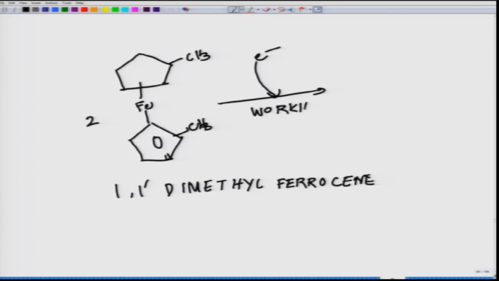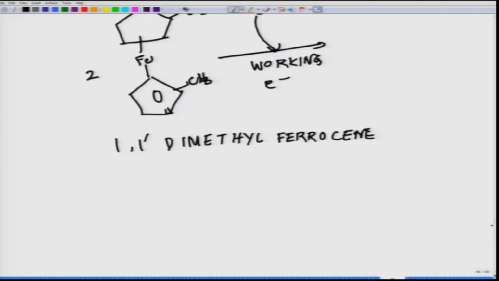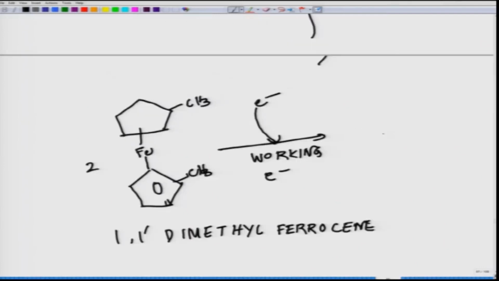So, you are basically injecting current to it and again making it dimethyl ferrocenium cation.